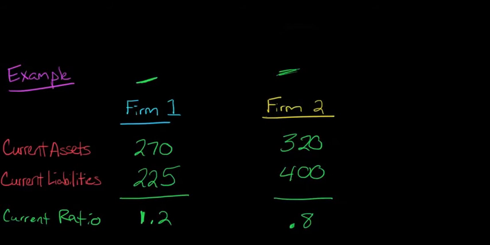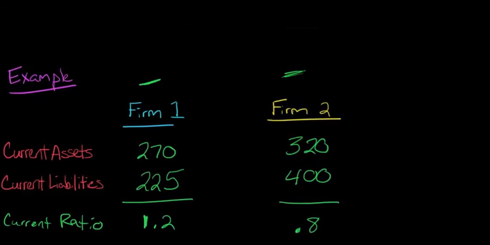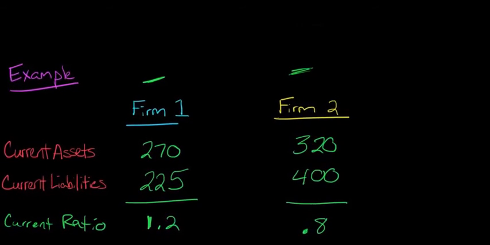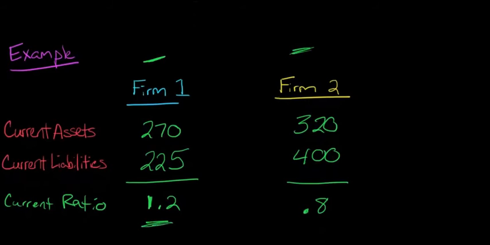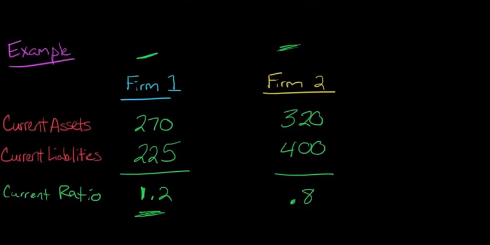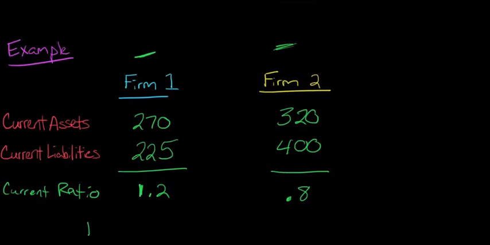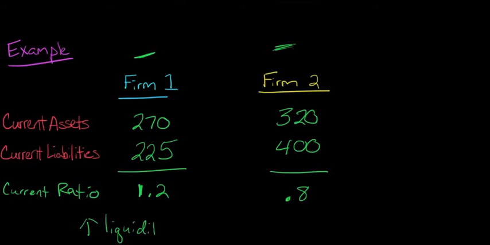So let's think for a moment: is what we did intuitive? We've got a higher current ratio for firm 1, so that implies that firm 1 has higher liquidity. Firm 1 actually has more current assets than current liabilities.